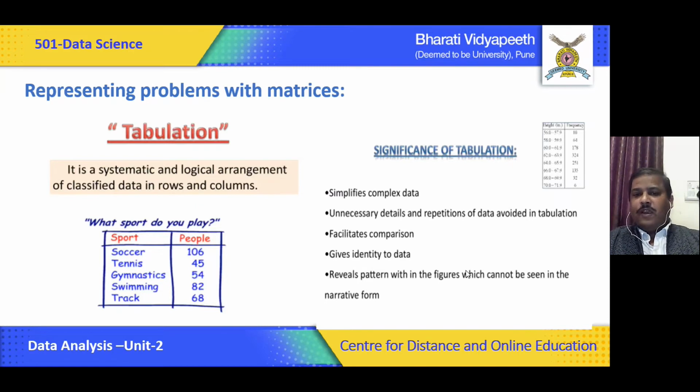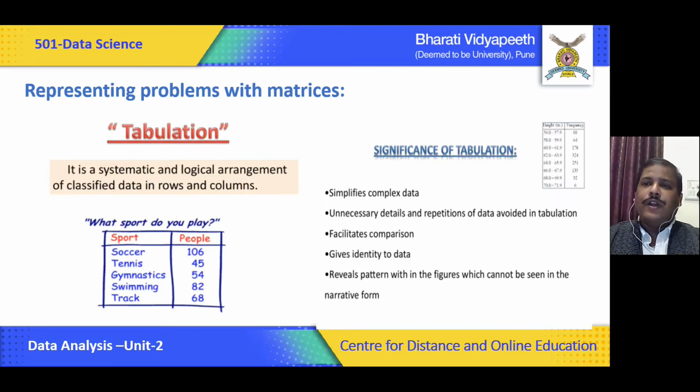It reveals patterns which figures alone cannot. When we are using different kinds of patterns, you can easily figure them out. Now in this sense, you can have data and narrate it in a proper way, because it has been stated in a tabular format, you can find it easily.